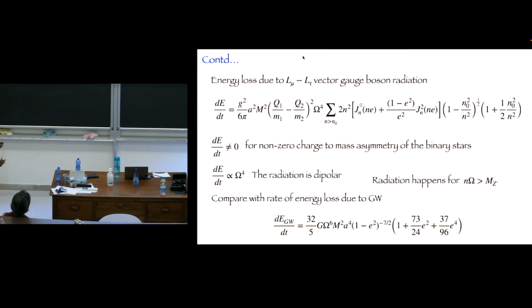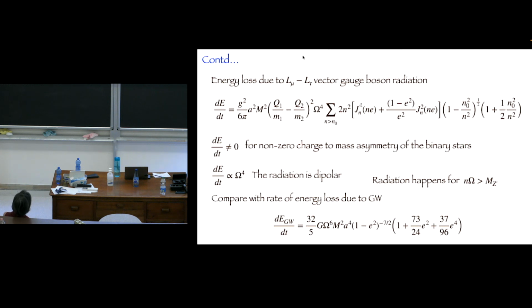And from the phase space factor, you can get that n0 is the ratio of the mass of the gauge boson and the orbital frequency. So you can say that one needs omega greater than m_Z prime for the radiation to occur. For a stellar binary system, this omega is roughly of the order of 10 to the minus 19 eV. So if the mass of the gauge boson is less than 10 to the minus 19 eV, then these gauge bosons can be emitted from the binary system, okay.